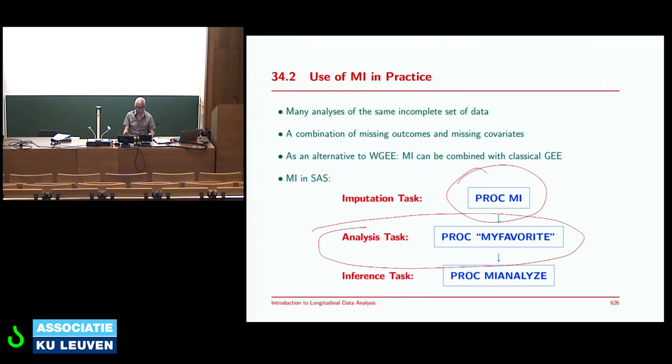But this could be PROC MIXED if you want to run a linear mixed model, PROC REG for a simple linear regression, PROC ANOVA, PROC TTEST, PROC whatever. At the end of the day, we have to save the parameter estimates and the precision of those parameter estimates, and that is then fed into the inference task. PROC MIANALYZE combines everything into a single analysis.